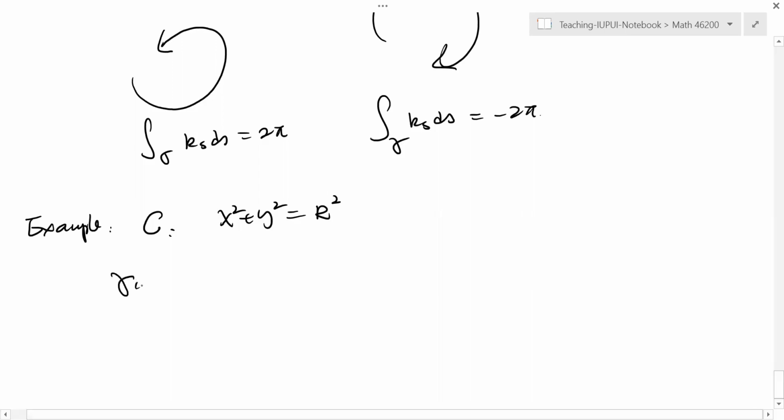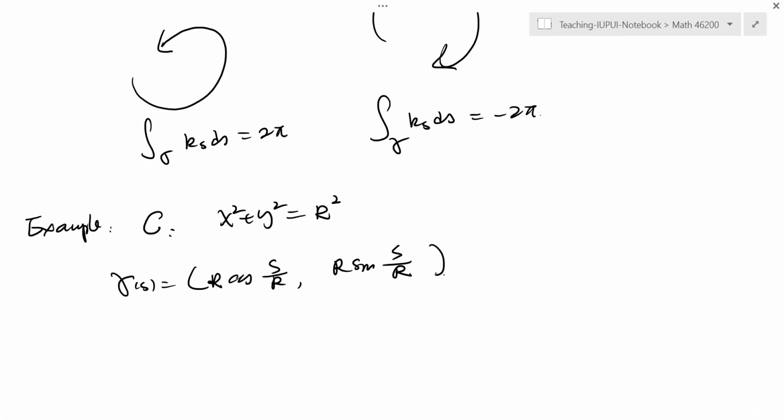Let's parameterize gamma(s) equals (r cos(s/r), r sin(s/r)). In this case, we already did a calculation.